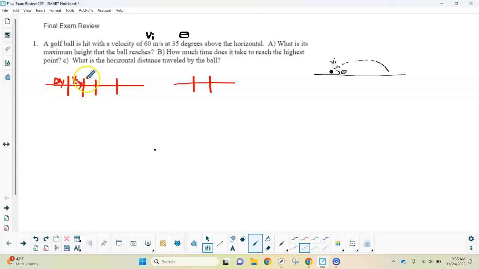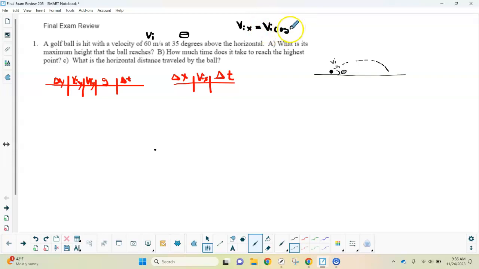So I'm just filling out the chart with the initial and final velocities, the change in y, gravity, and time. So that's g. And then we have the x direction, which is the horizontal displacement, the initial velocity in the x, which is constant, so that's why you don't need an acceleration or a final velocity in the x, and then the time here. So to get the VIX, you would do VI cosine of theta.